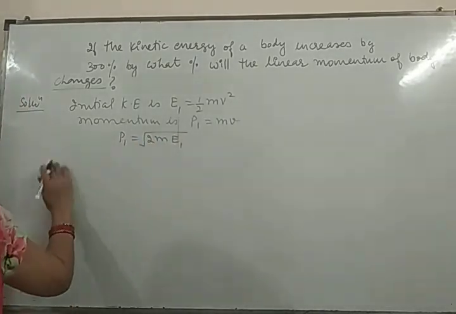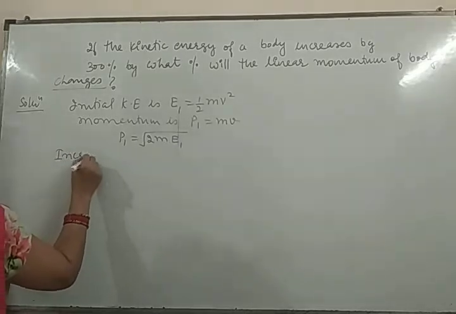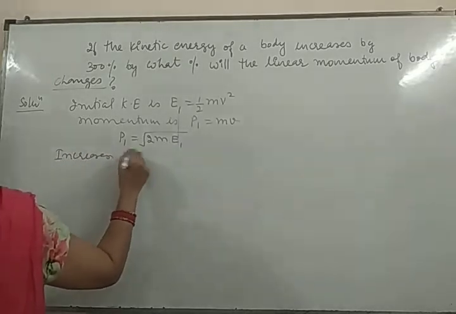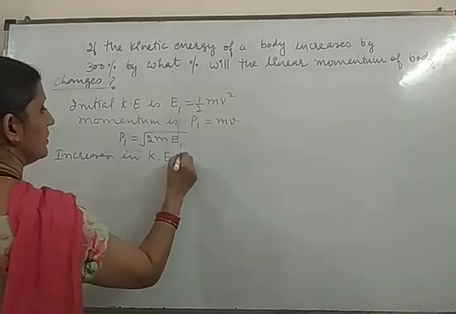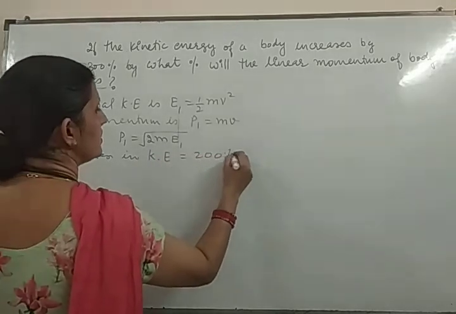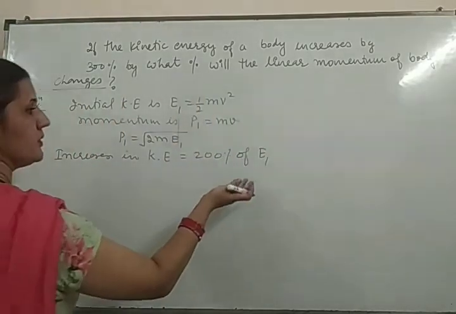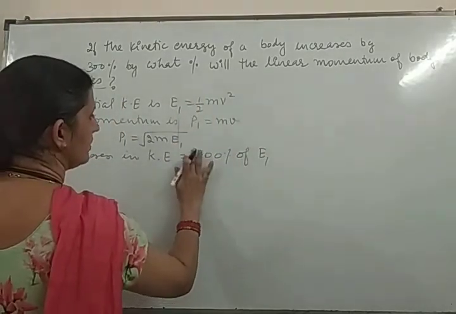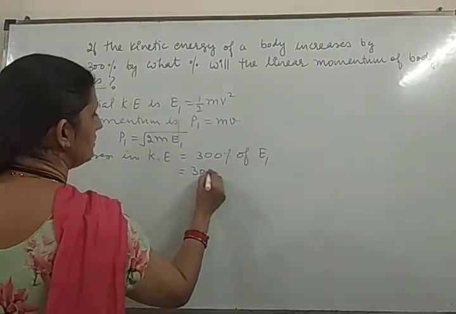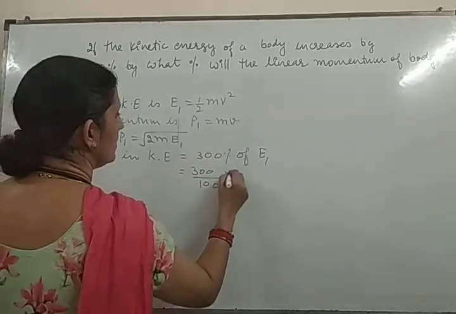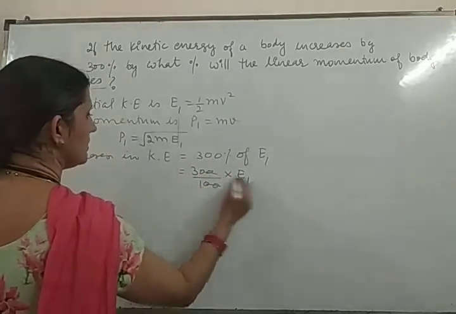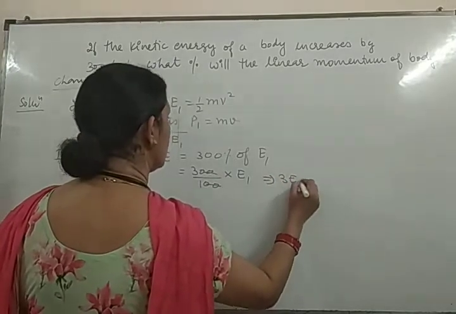And what about the increase in kinetic energy? This is 300% of E1. Sorry, 300. So 300 divided by 100 into E1. This is 3E1. That much increase happened.